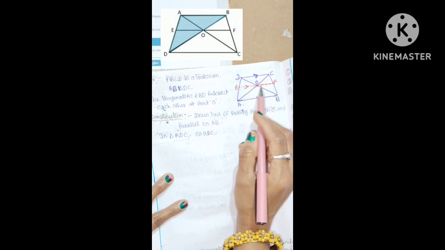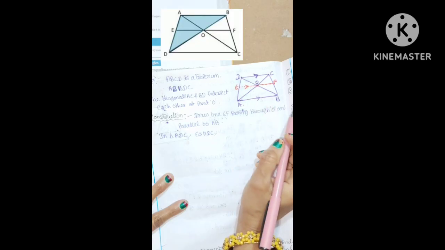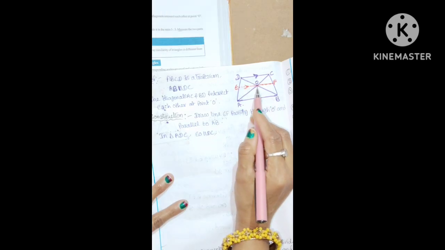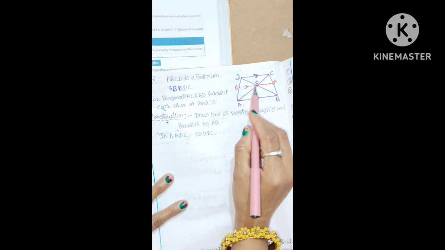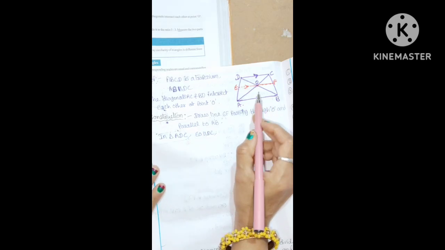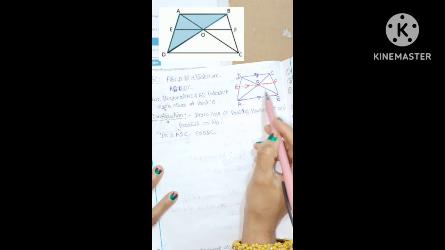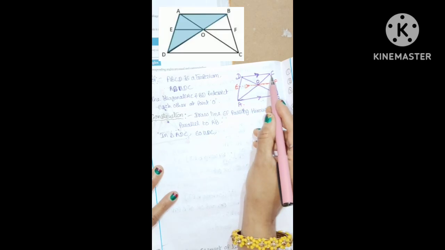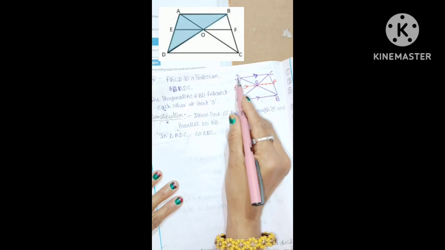What about the two ratios? By using the BPT, do you know the BPT? BPT is: if a line is drawn parallel to one side of a triangle, it divides the other two sides in the same ratio. We know that. So here these two are parallel in this triangle. The sides are AO by OC and AE by DE.